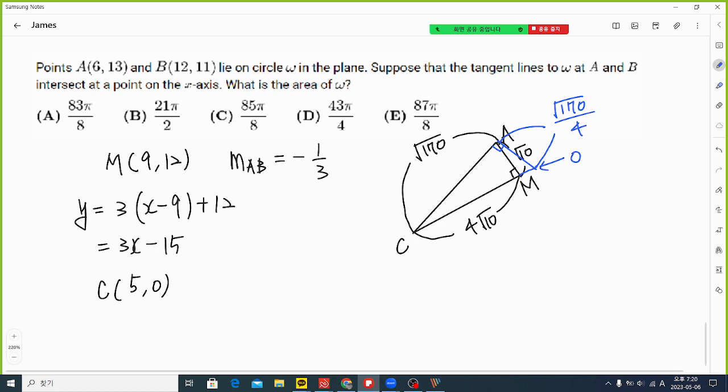So for the area, pi r squared, if we square the radius, that's 170 divided by 16 and pi, that's the area. So when you simplify this fraction, which option is the answer?